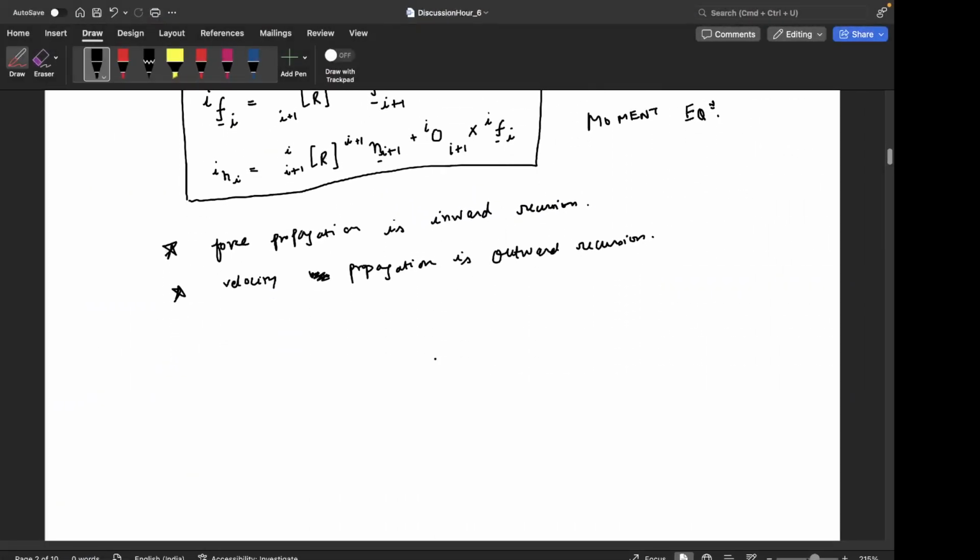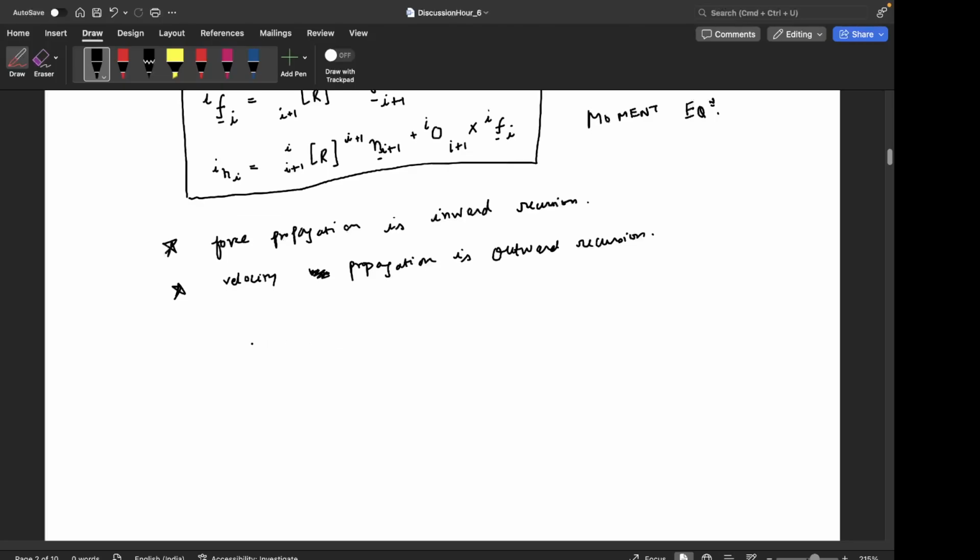Okay, so finally, what we wanted to achieve was the joint torques, right? So the joint torque for the ith joint would be the moment that is there in that joint, and we take the dot product with the axis of rotation. So this is for rotary joints, and this is for prismatic joints.